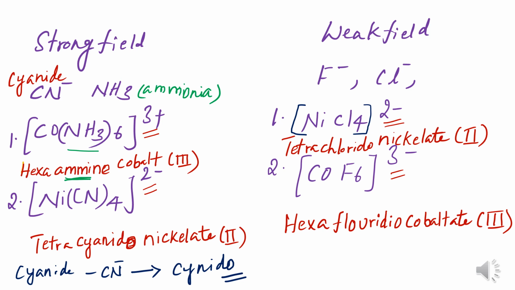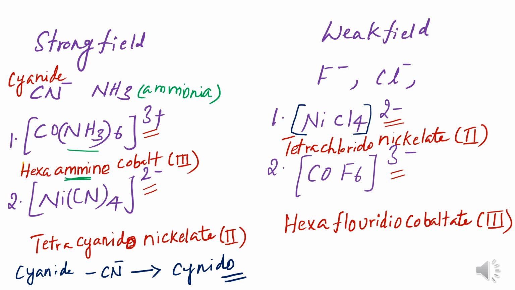Next compound: tetracyanido. CN minus is the cyanide ion. We remove the E and keep O, so cyanide becomes cyanido here, right? Tetracyanido nickelate(II). Nickel is the central metal atom whose oxidation state is +2 here.